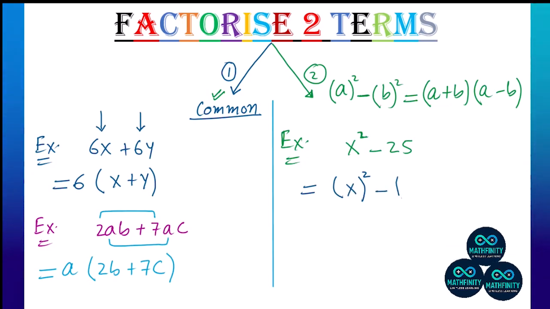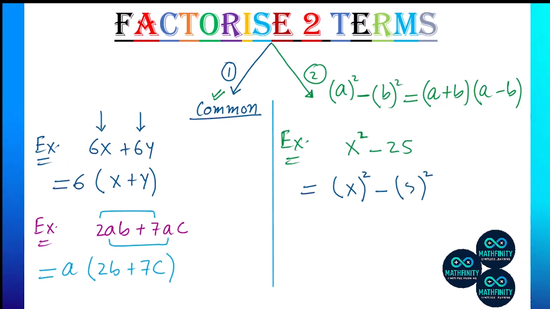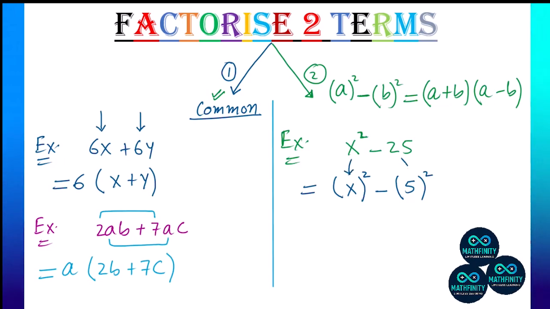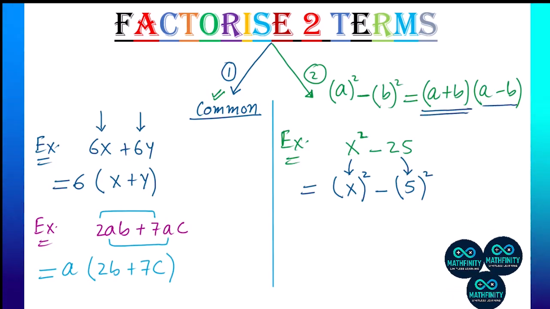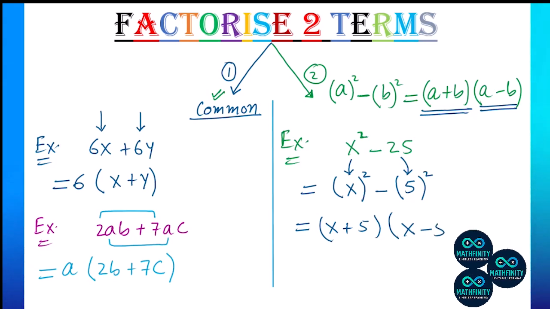And 25, the square of what number will give you 25? So 5. As you can observe, we made both squares, the first term square and the second term square. Then according to the rule, we write them one time positive, one time negative. So we can write x plus 5 and x minus 5.